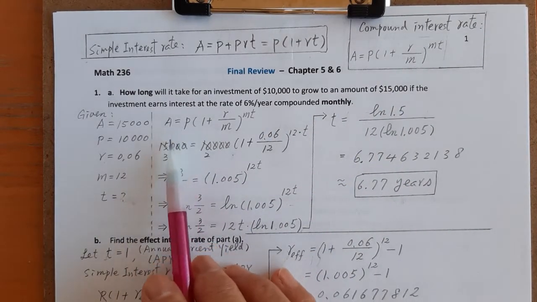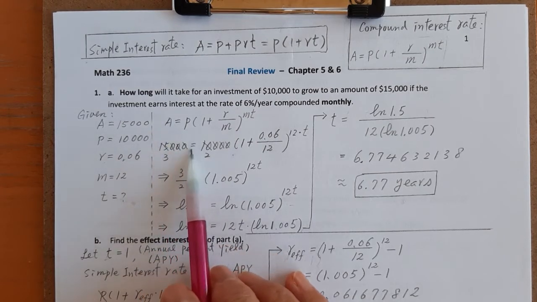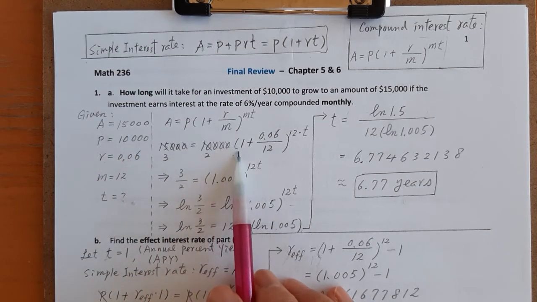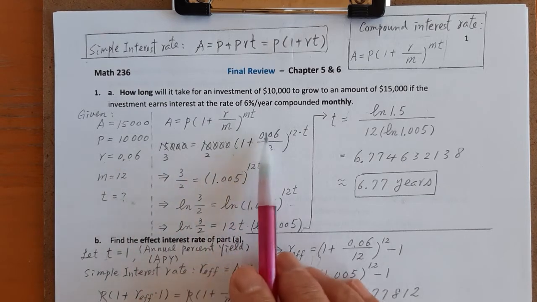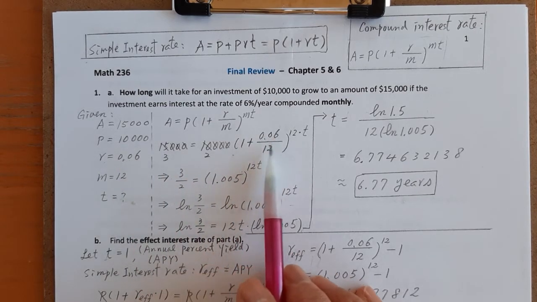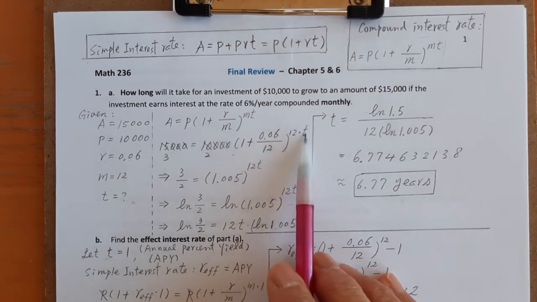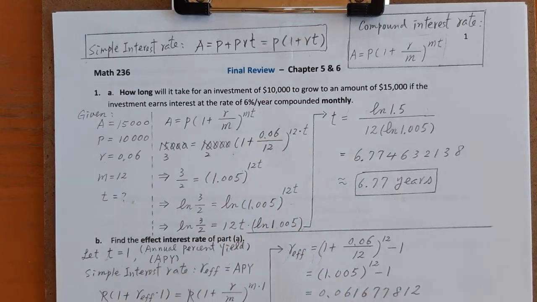Then plug into the formula. A, the amount, 15,000 equals P, the principal, 10,000 times parenthesis 1 plus R, 0.06 over M, 12, to the power 12 times T. So we got this equation, solve for T.